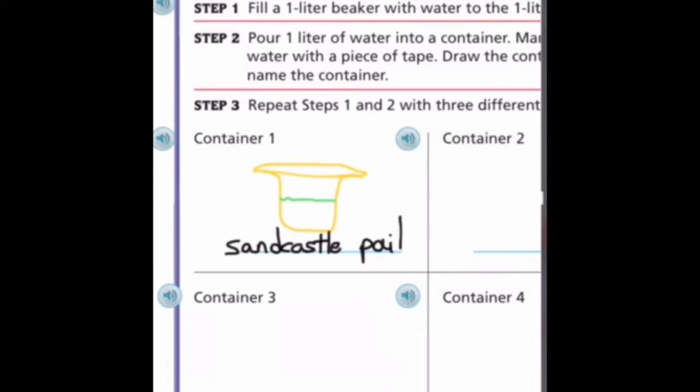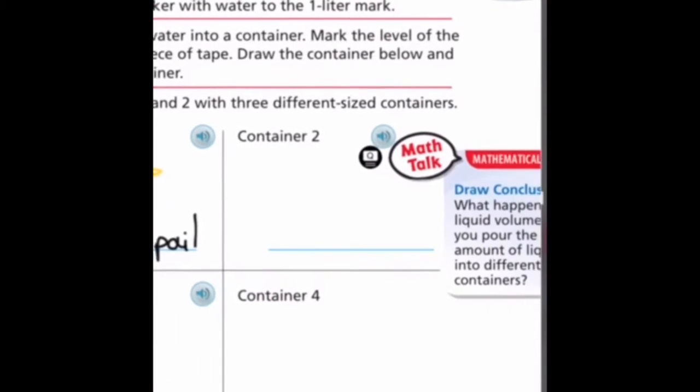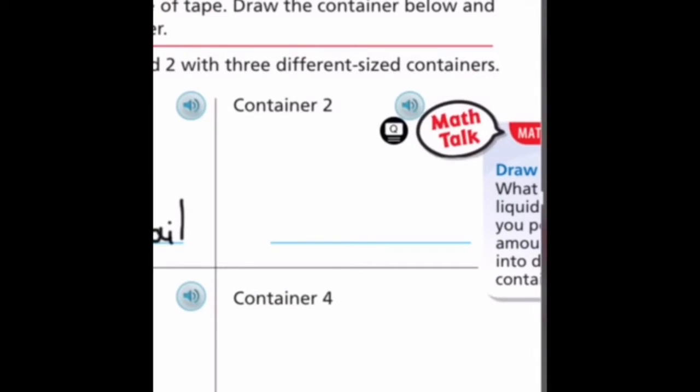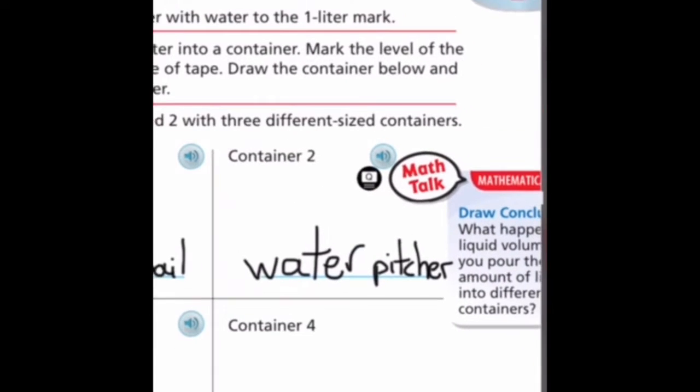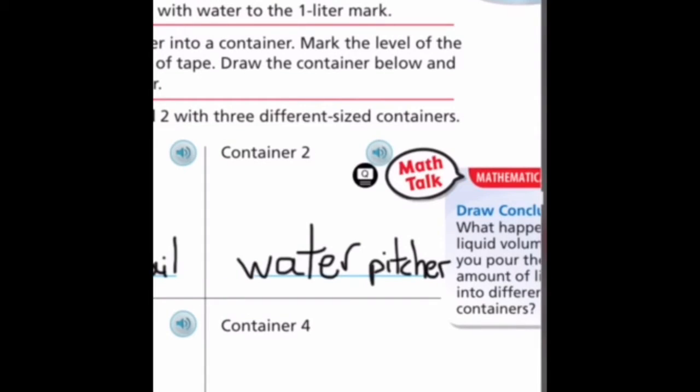Let's look at container number 2, which is a big water pitcher. I'm going to zoom in a little bit more here to get that to fit in. Now let's take a look at the video and see how much we filled up.